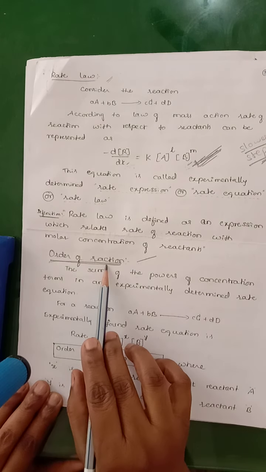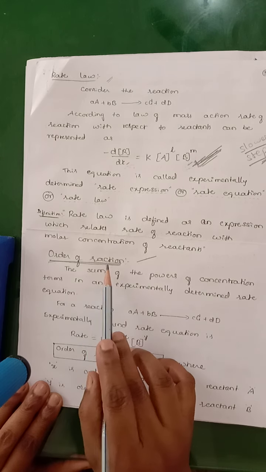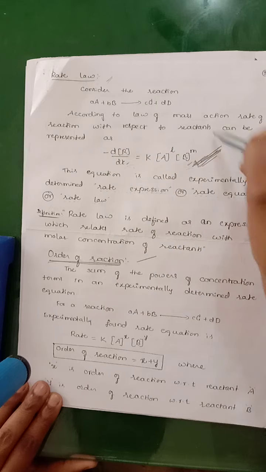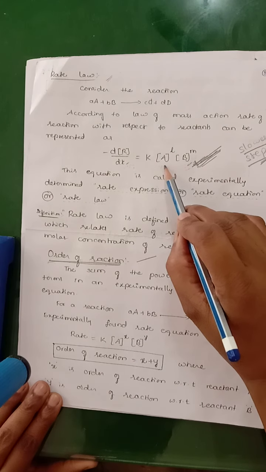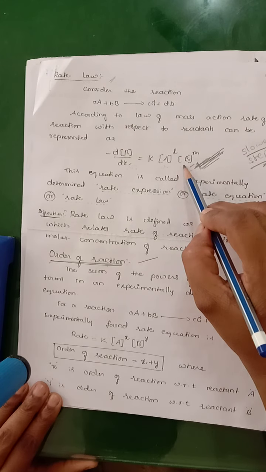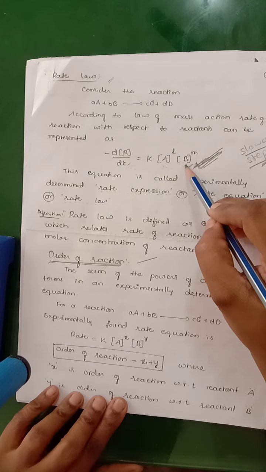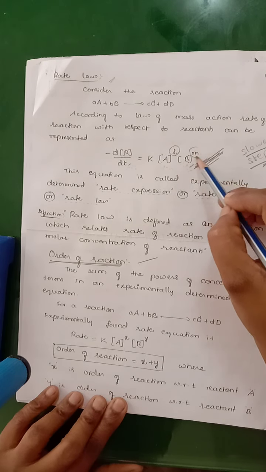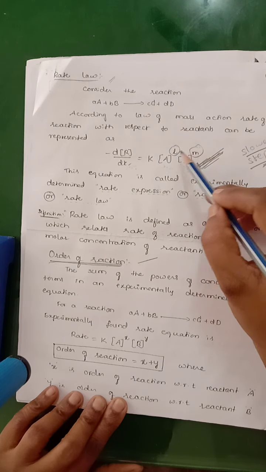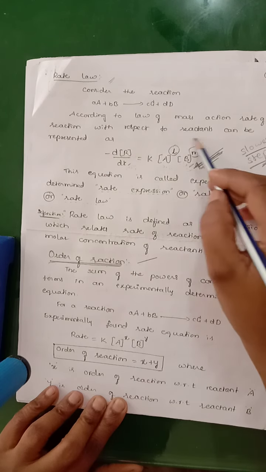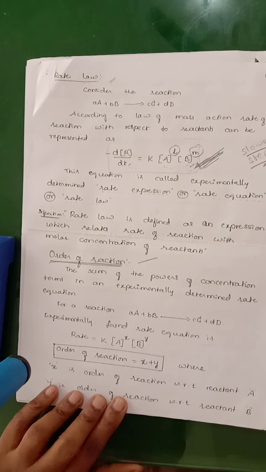So what is this order of reaction? Based on this rate law, in this rate expression, we have to consider the concentration of reactants on the right hand side. In these concentrations of reactants, there is some power value. So we have to take the sum of the powers of these concentration terms present in this rate expression.